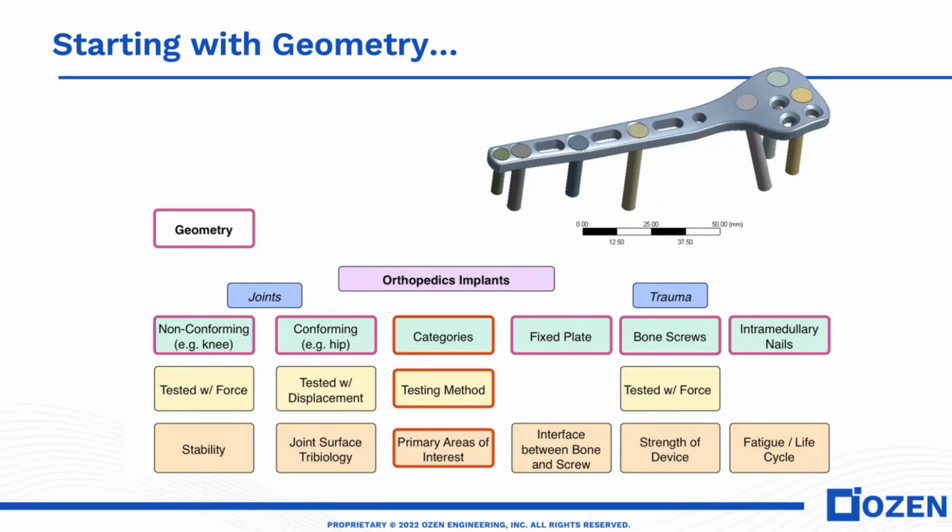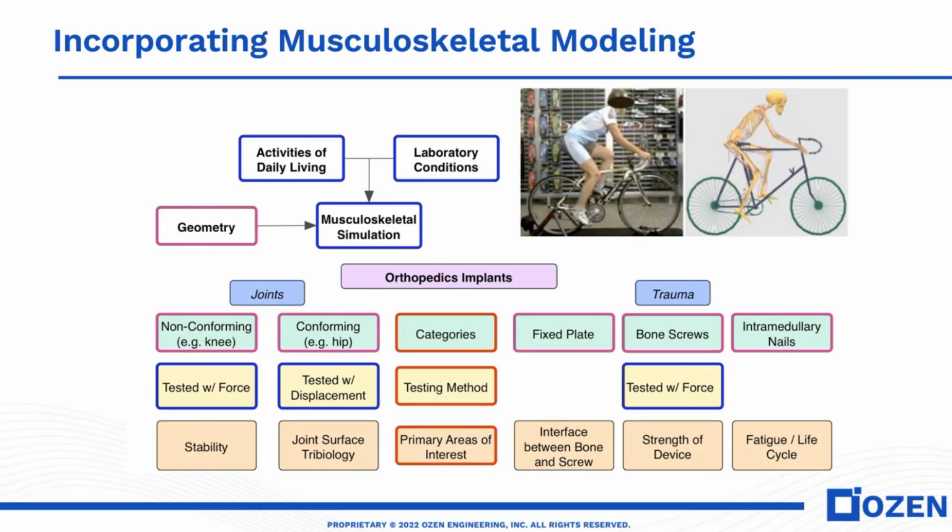We can address all these conditions by creating a solid model of the implant itself. And then to that solid model, we add activities of daily living. And in addition to activities of daily living, if there are any lab conditions that we need to look into, we can add that as well.